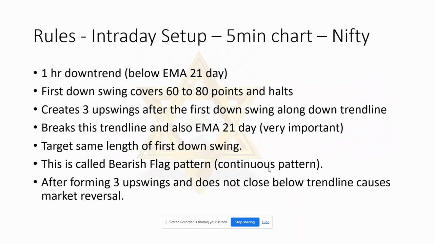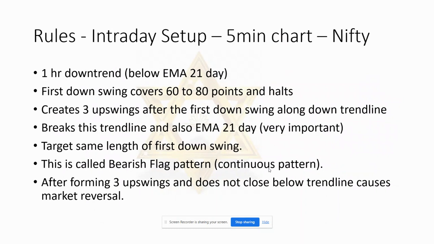And this is the continuation pattern, right? But after forming three upswings, if it doesn't close below the trend line, it causes a macro reversal. Basically, it'll give 60 to 80 points down, and then it also creates three upswings on a trend line, but it doesn't close below this trend line.